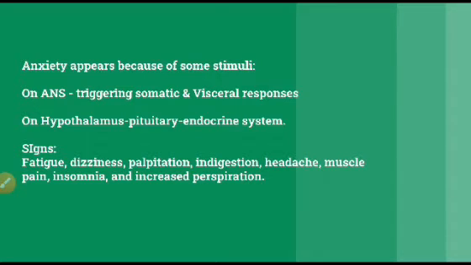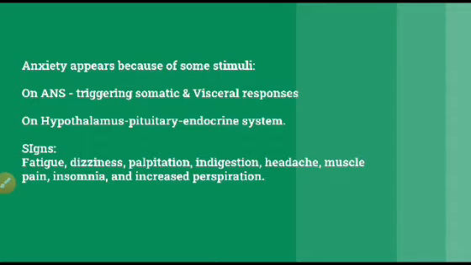So anxiety appears because of some stimuli. Always when there is a condition, there is a kind of stimulus. So it also has certain stimulus on the ANS, triggering somatic and visceral responses.